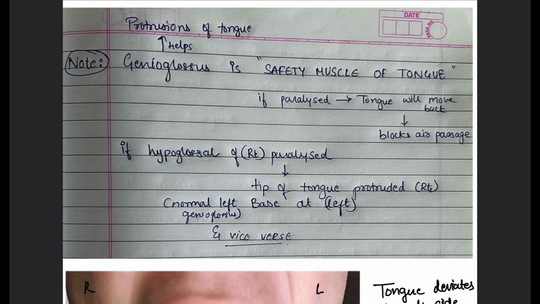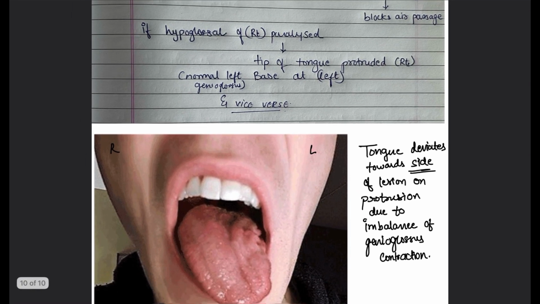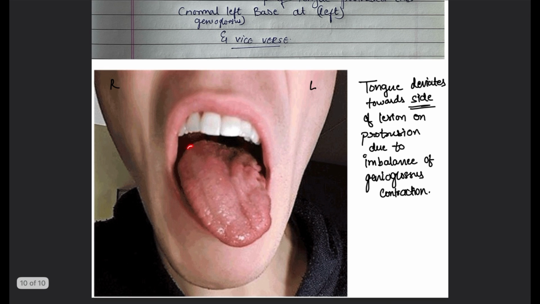So how to diagnose if there is an abnormality present in the tongue? See, let's look at this image over here. The tongue, when protruded, deviates the tip. This is the tip. The tip deviates towards the left. So here we can conclude that the lesion is present on the left side of the hypoglossal nerve.